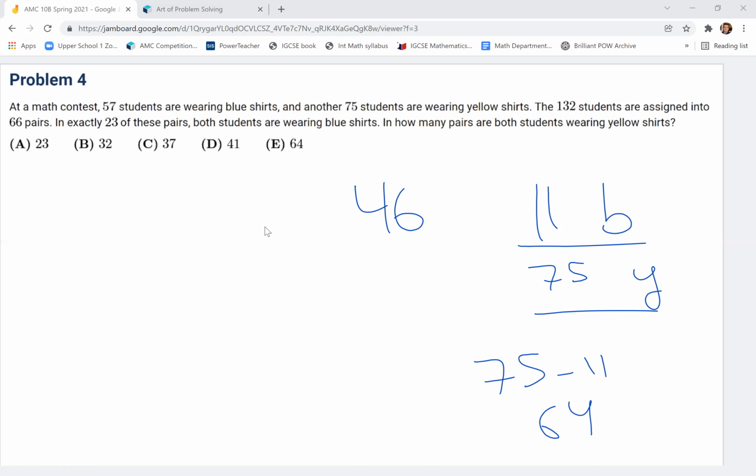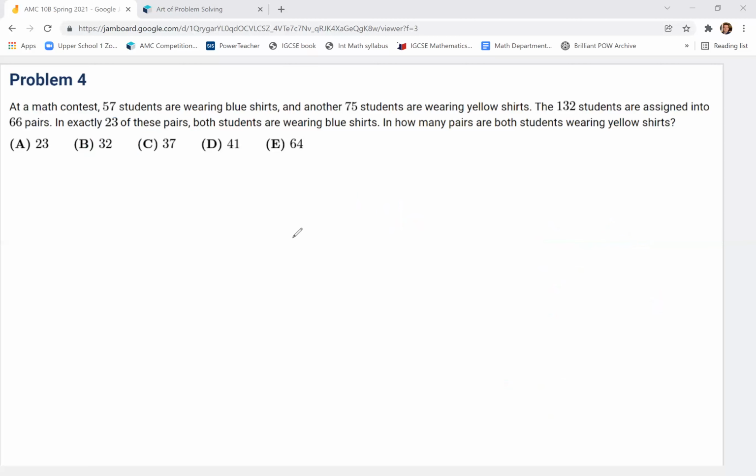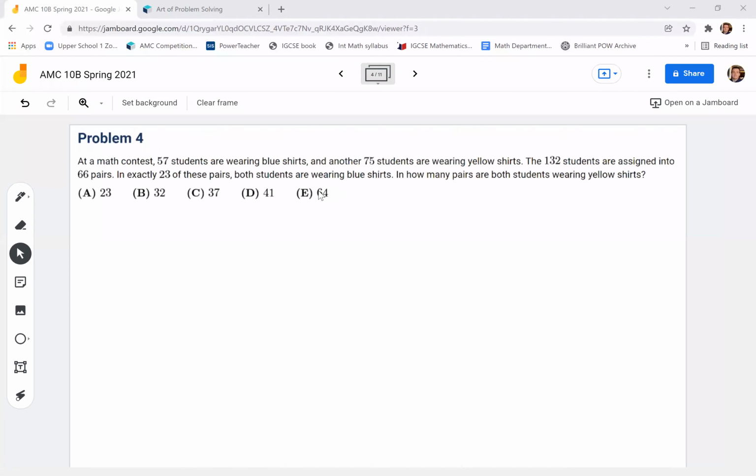So 64 students wearing yellow shirts are going to get paired together. So that means that you're going to have 32 pairs of students wearing both yellow shirts. So again, just a little tricky with the wording, right? Just be careful. The key thing with these early problems is they're pretty easy, but you don't want to make any careless errors, right? That's always the most important part.